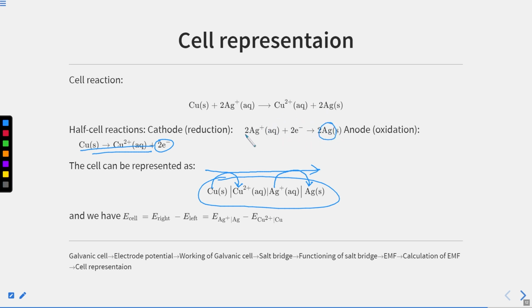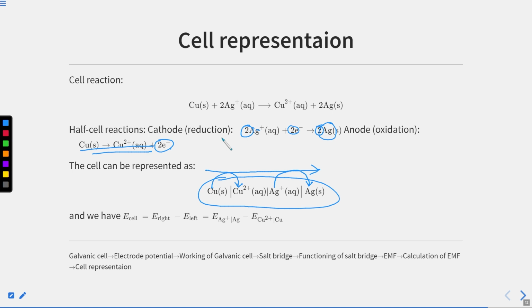Now you will ask why we have multiplied this by 2 on both sides. We could add both of these reactions independently also. But if you add both of these equations without multiplying by 2, you will get 1 electron extra, and that is not acceptable. After the reaction, we never have a case where we are left with 1 electron, so it cannot be used in the cell representation either. So we multiply accordingly.